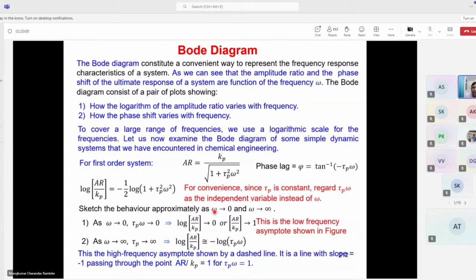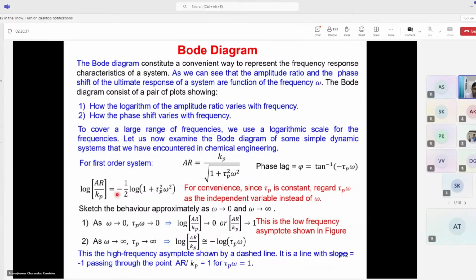So when we are finding out how log AR by Kp is going to vary when omega tends to 0, that is referred to as the low frequency asymptote. And when we are finding out how log AR by Kp is going to vary with omega when omega tends to infinity, then this is referred to as the high frequency asymptote. So when omega tends to 0, this particular term is going to become very, very small, equivalent to 0.